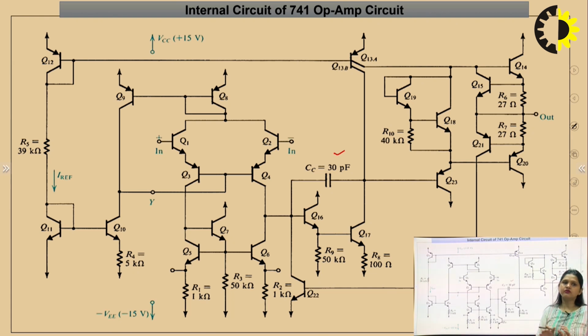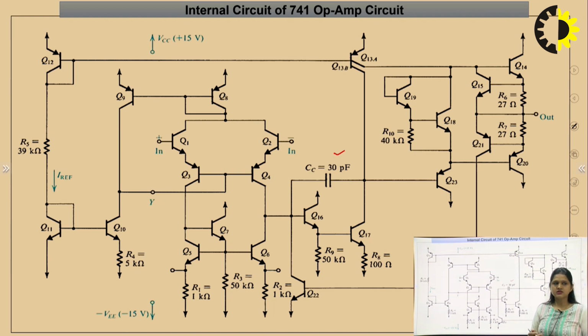For the given circuit, we have to calculate DC currents and DC voltages, and the calculation of DC voltages and currents is known as DC analysis of the circuit. Later in this unit, the small signal modeling will be done to calculate the gain, input impedance and output impedance of 741 IC.